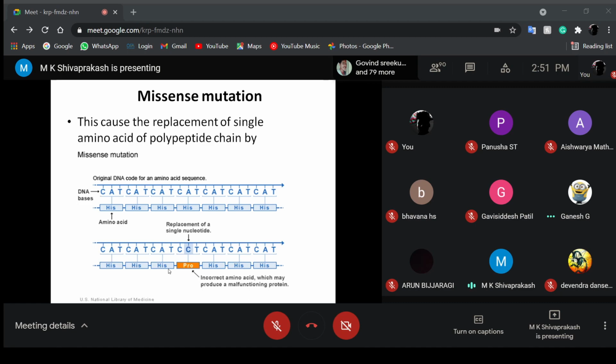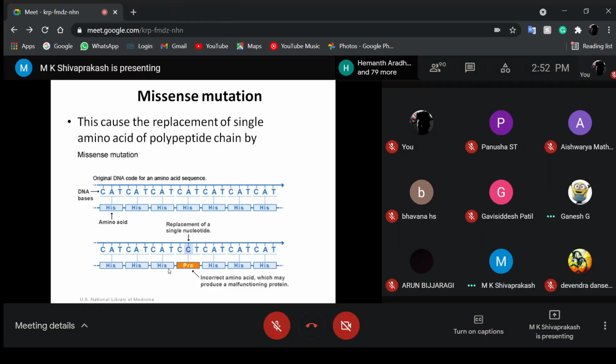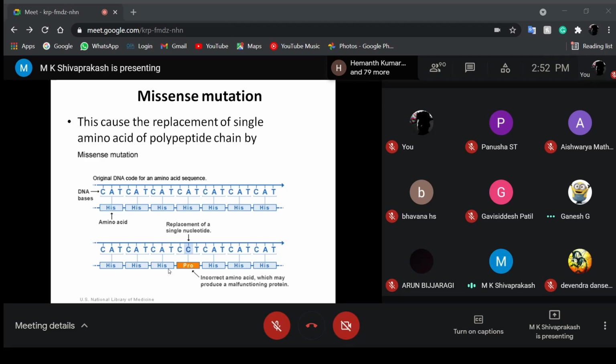That means to say the functional polypeptide chain, which is supposed to have a set of amino acid molecules, gets an incorrect amino acid in the middle. For example, here they have shown histidine in the polypeptide chain.